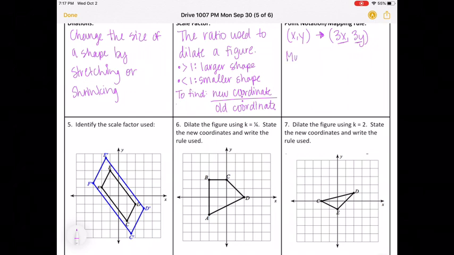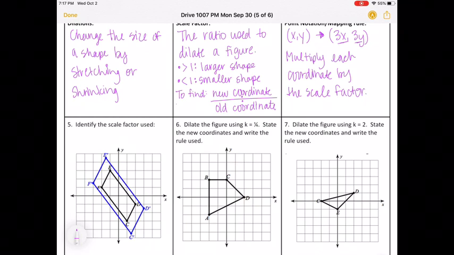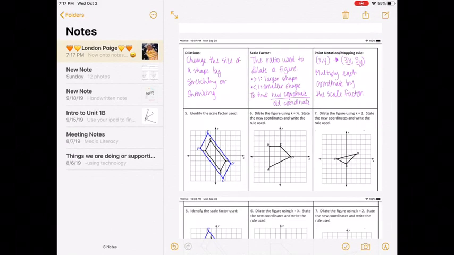This is always going to be multiplication for dilation. So multiply each coordinate by the scale factor, which we found previously, or should have, in each problem. Okay, so I'm going to go on to the actual questions.